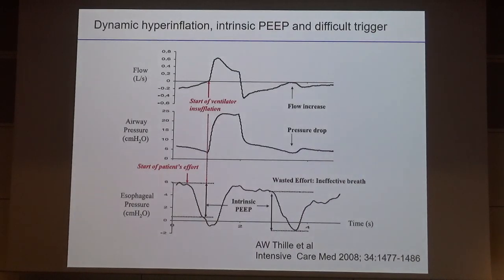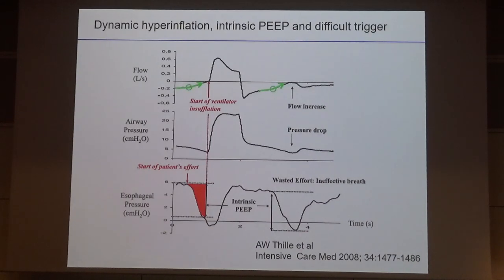What about the inspiratory side? We know that the leading cause of difficult triggering is dynamic hyperinflation. That means that our patient starts a new breath when the expiratory flow is still ongoing.